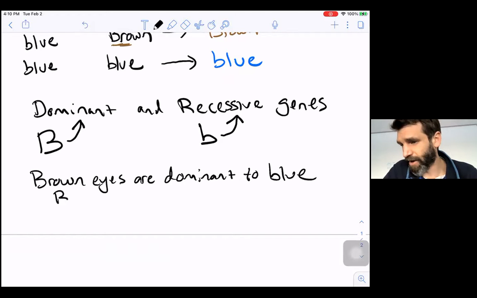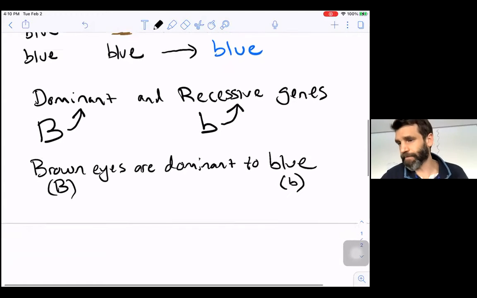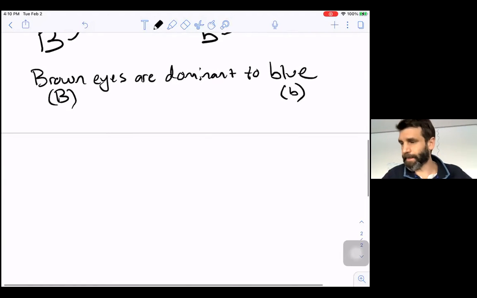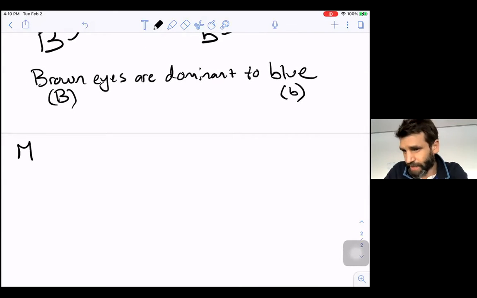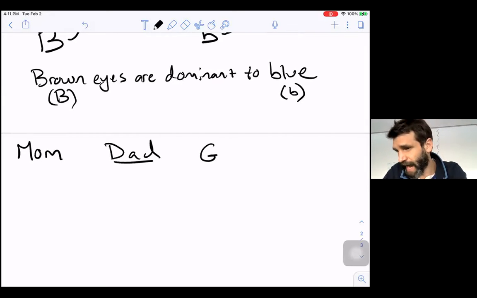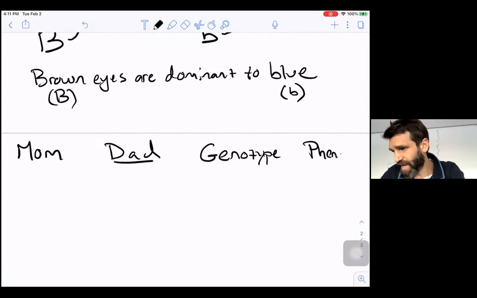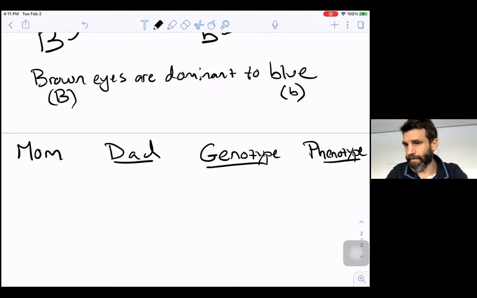So brown eyes are big B and blue eyes are little b. So you could imagine a little simpler notation. Here's mom, here's dad, what we got. Here is our genotype. We'll talk about that in a sec. And then our phenotype. And these will both become obvious.